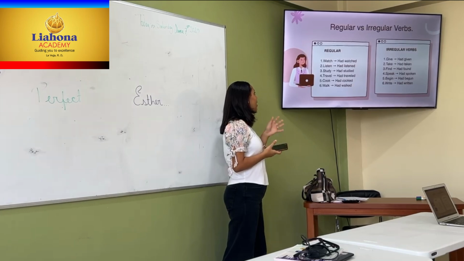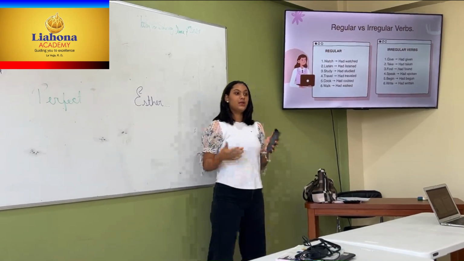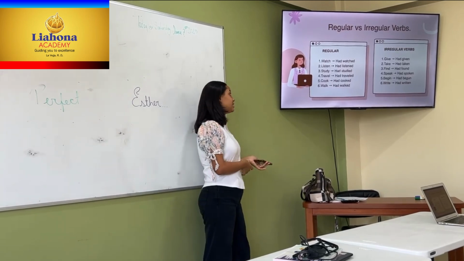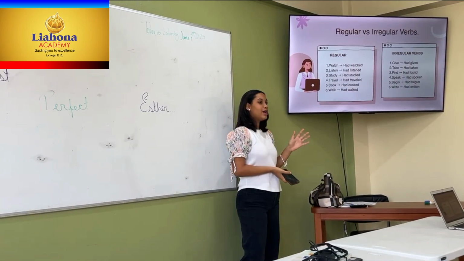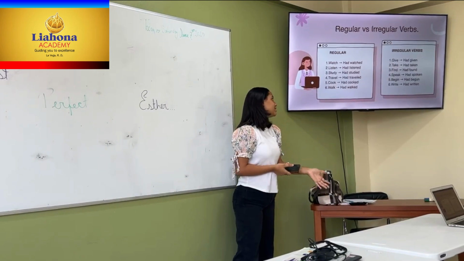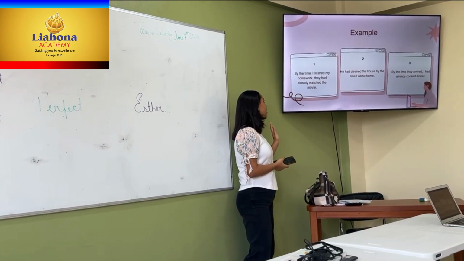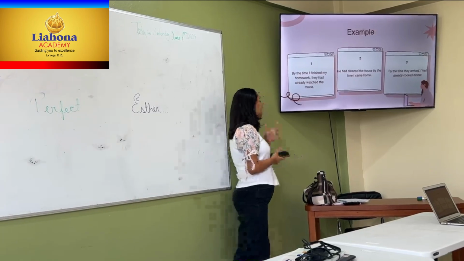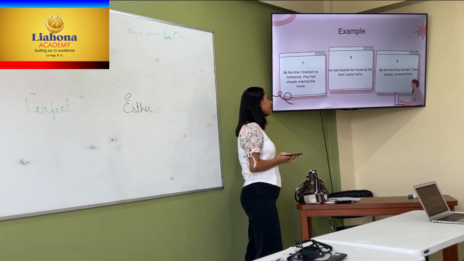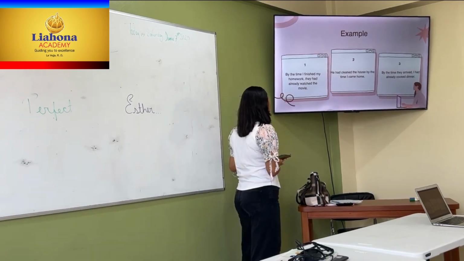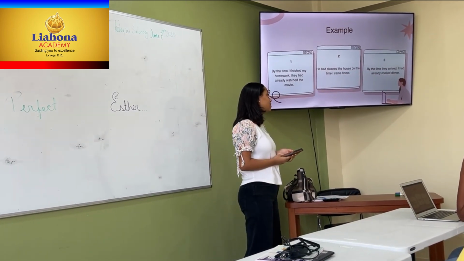I just want to remember that we have to convert the regular verb to the past participle when we are talking in past perfect. We know that we have regular and irregular verbs. An example: By the time I finished my homework, they had already washed the room. Second: He had cleaned the house by the time I came home. Third: By the time they arrived, I had already cooked dinner.